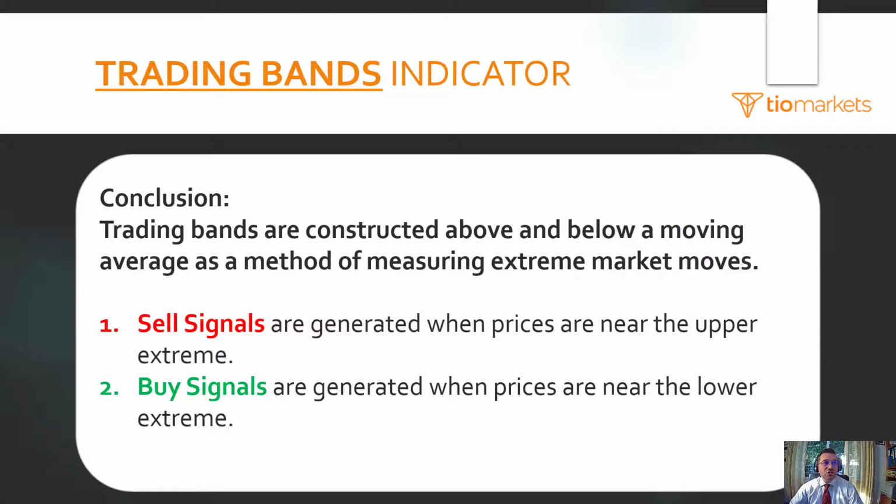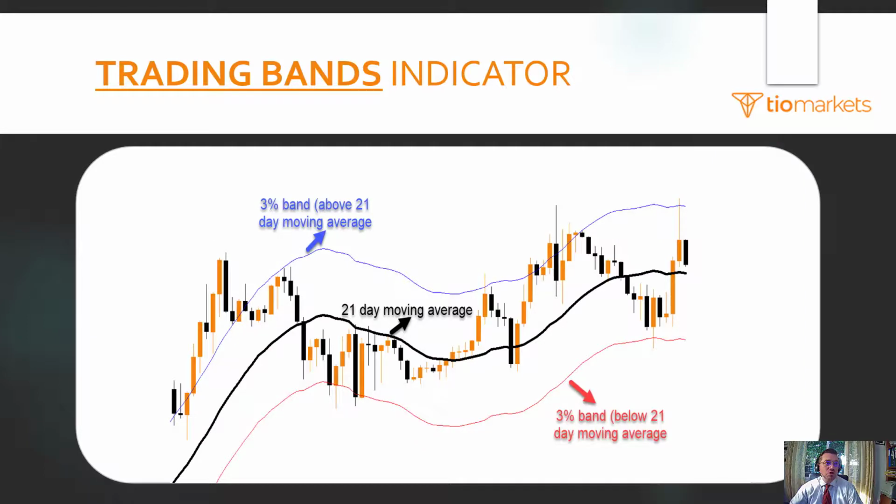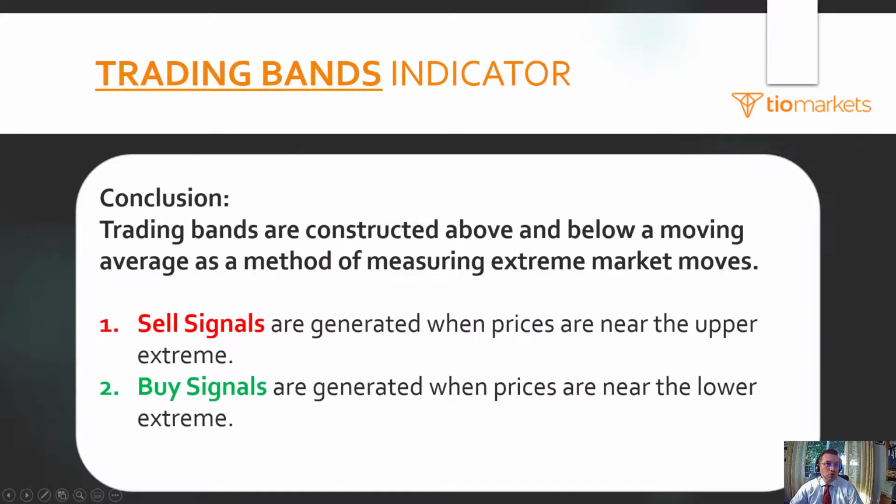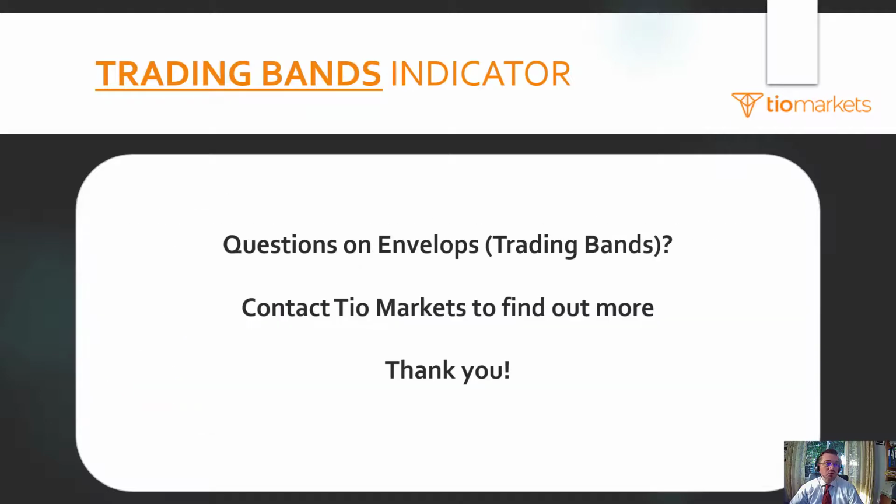Buy signals are generated when prices are near the lower end of our extremes, and the buy signals down here at the lower end. You're going to be using multiple tools when you're building your charts, and the trading bands or the envelopes are just one of those tools that will be part of your trading system as we move forward.